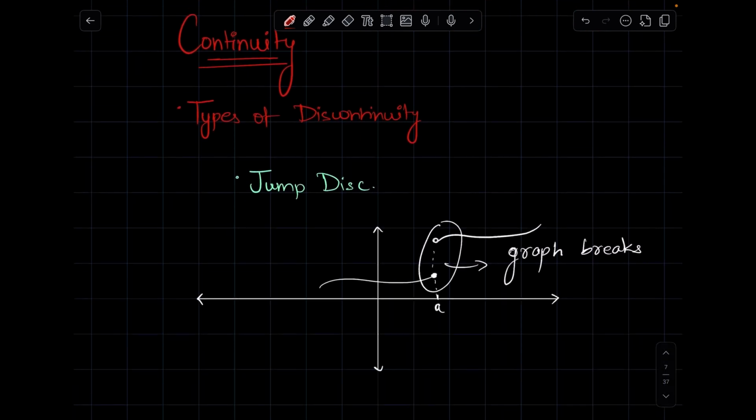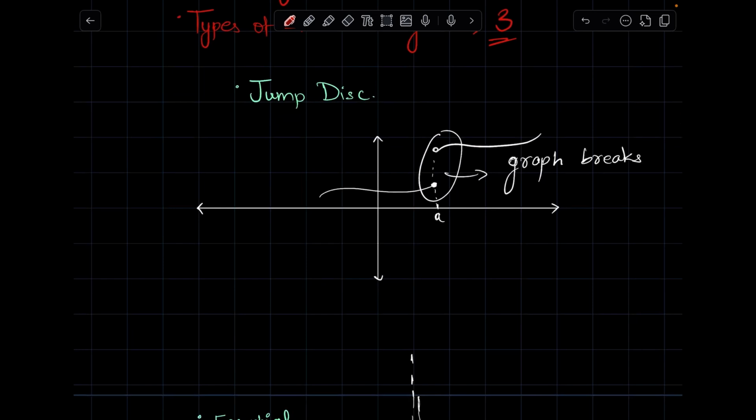Okay, so first talking about continuity, let's talk about the opposite version of it. That's discontinuity. There are three types of discontinuity, and the first one is jump discontinuity. Let's say you have a graph such as this.